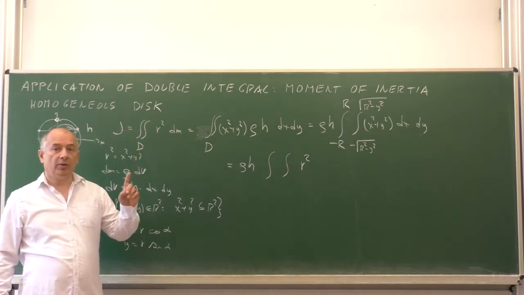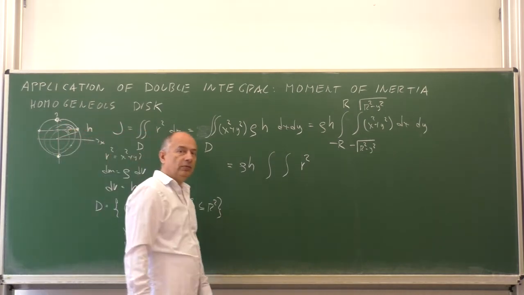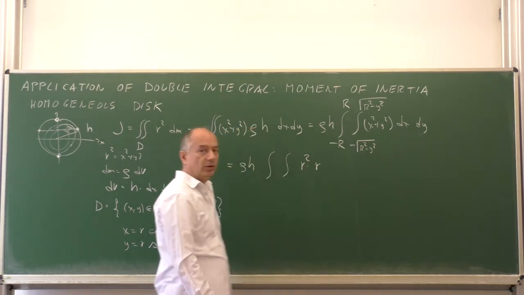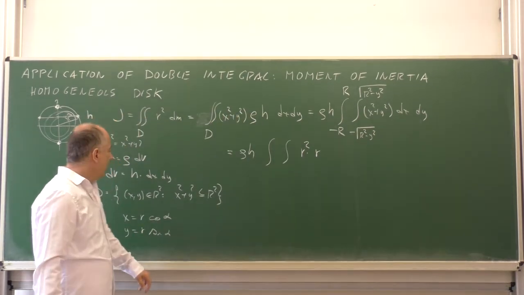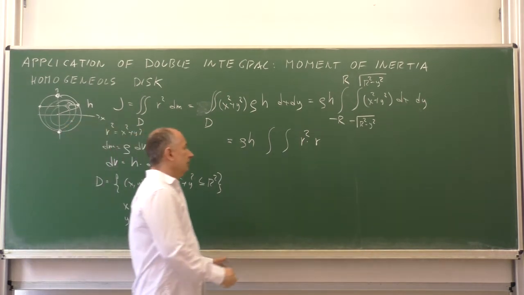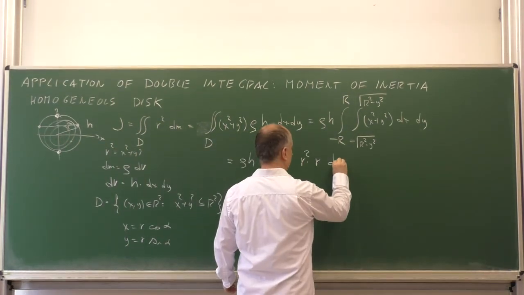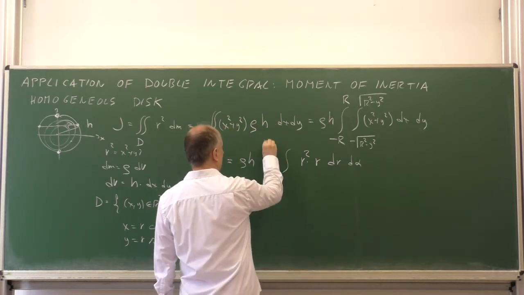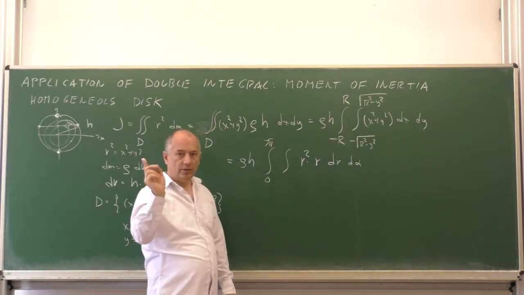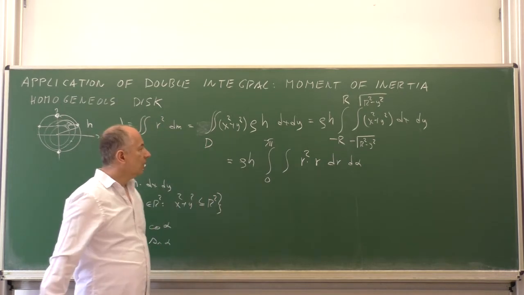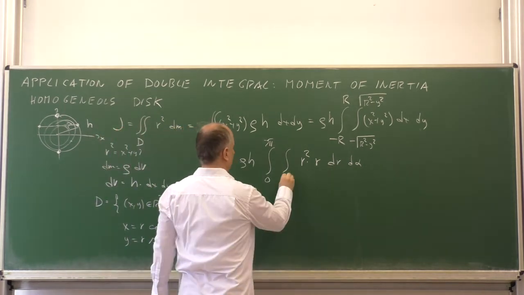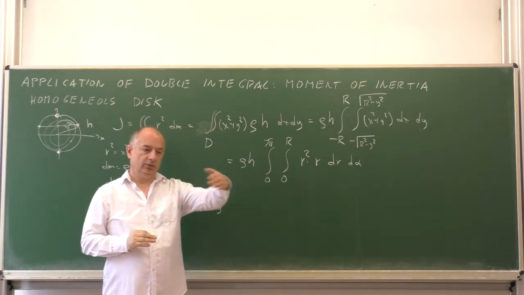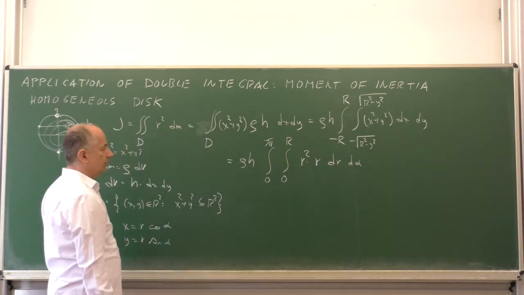Don't forget to multiply by the absolute value of the Jacobian, which is r for polar coordinates, and dr d alpha. Alpha runs from 0 to 2 pi, one whole turn, and r runs from 0 to capital R, from the center to the end of the disk.